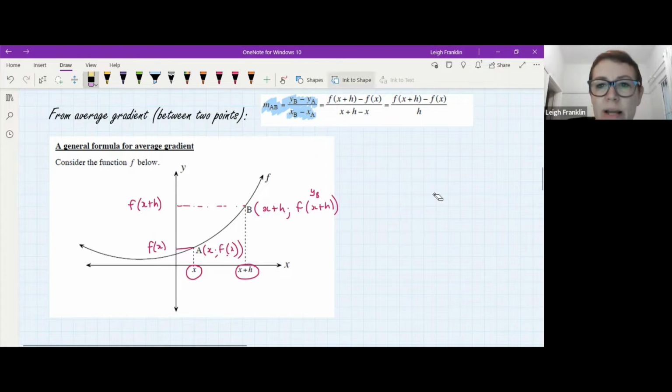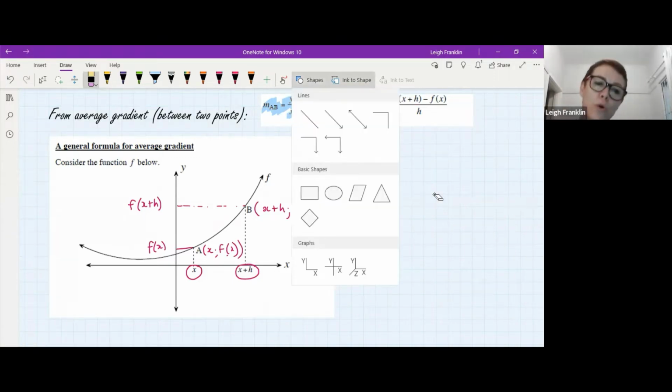When we are calculating the average gradient of a line, we are not working out the gradient at a point.